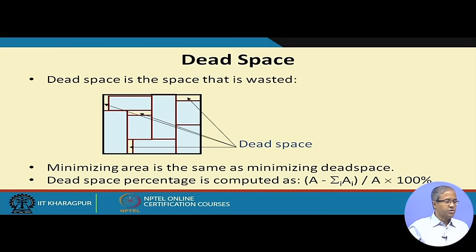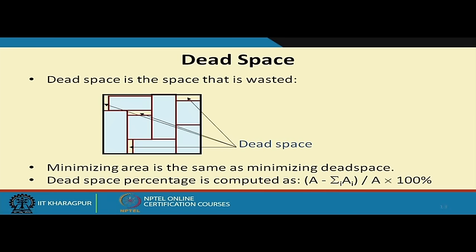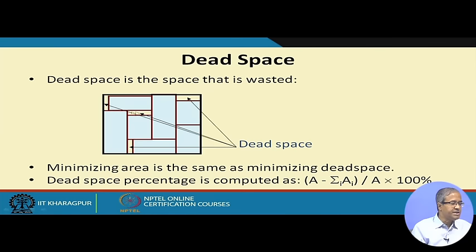Now, there is another way to estimate the goodness of a floor plan. This is by measuring the dead space. Dead space means the space within a floor plan which is wasted. Like you know, the total area A of this floor plan you can estimate by multiplying the height by the width, and the individual blocks are there.